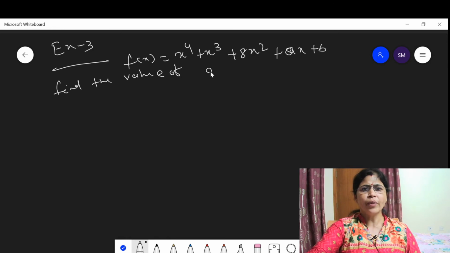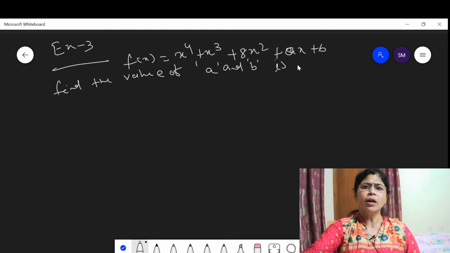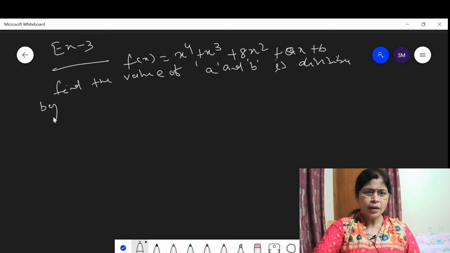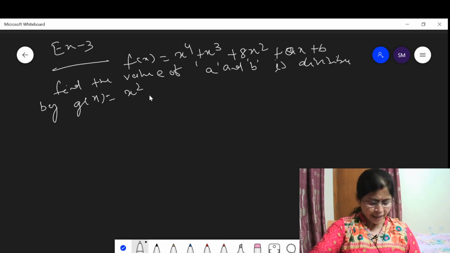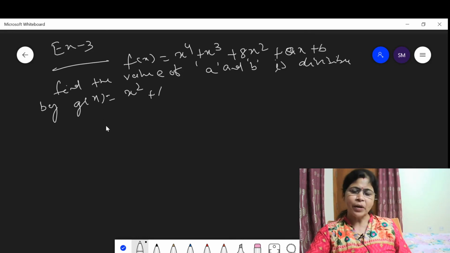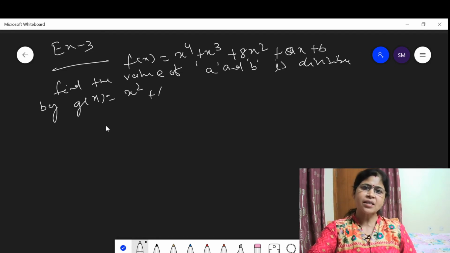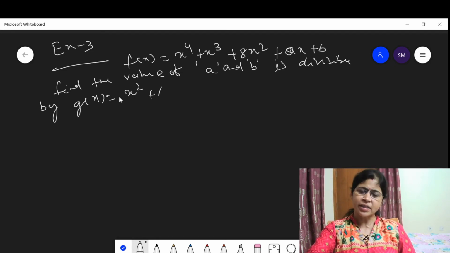Find the values of a and b such that this is divisible by the function g(x), given here as x square plus 1. The question says please find the values of a and b so that f(x) is completely divisible by g(x).